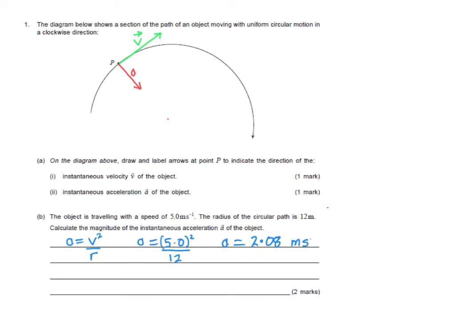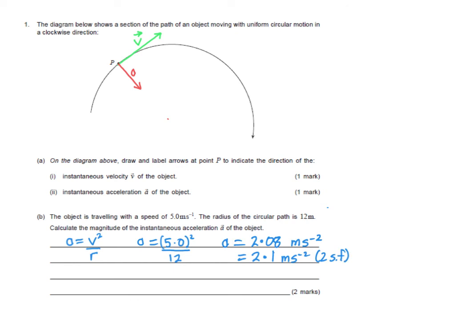The units for acceleration are metres per second squared, but we only had two significant figures, so we're going to round that back to 2.1 metres per second squared, 2 sig figs, just to be sure.